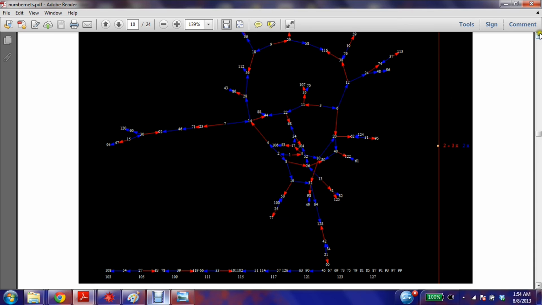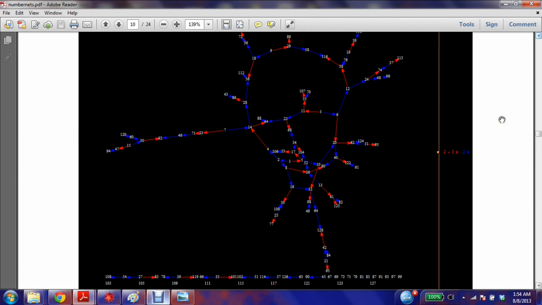And so here's another system. This looks pretty similar to the Collatz type system that I was talking about before, but it's actually a bit different. So if you remember before, we had 1 plus 3x and 2x. Here we've got 2 plus 3x and 2x, and again we're seeing a kind of complex looking network, but it looks very different, and it has different kinds of shape to it.